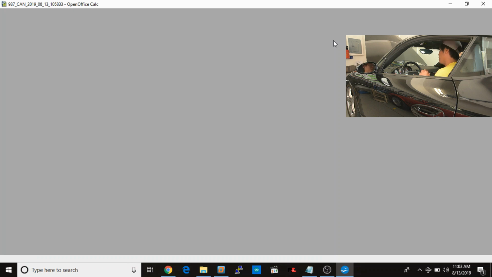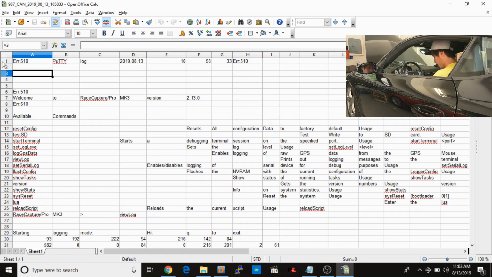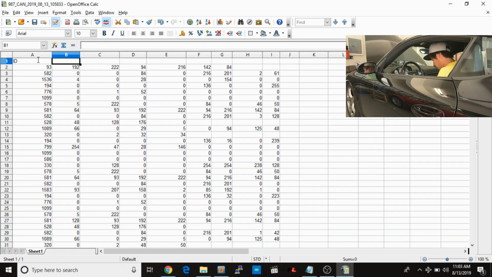So this time, because we have the engine running, if you remember what the CAN file looked like previously, it was pretty sparse. There's going to be more information here that we have to kind of get through. So again, I'm going to get rid of this. ID 0, 1, 2, 3, 4, 5, 6, 7.